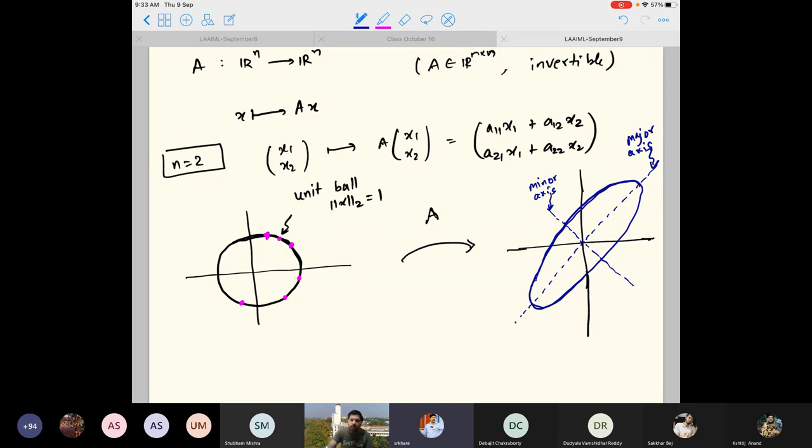Look at these coordinates, this and this. You have the constraint that x1 square plus x2 square is equal to 1. So using these constraints and these coordinates, if you want to check the norm of this vector, what will be the figure?